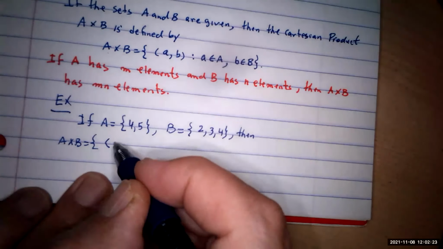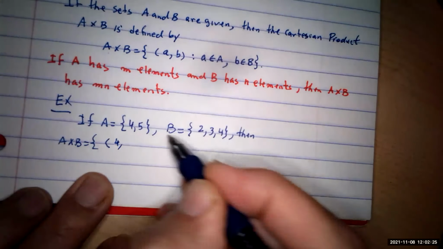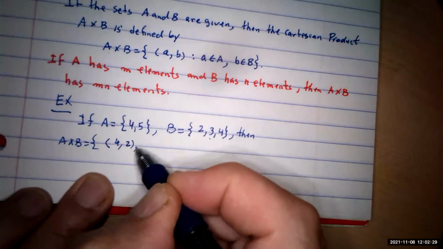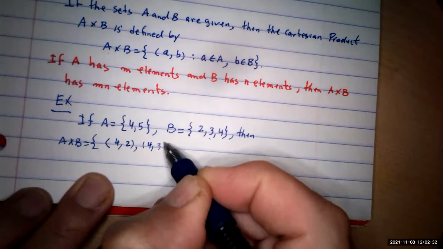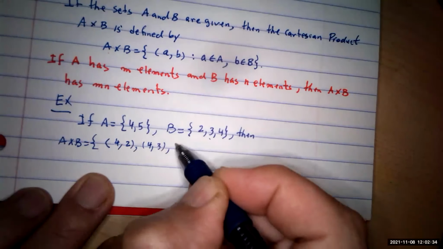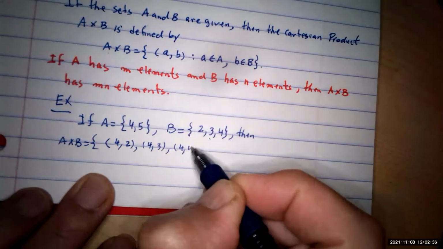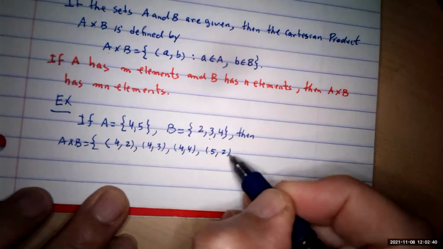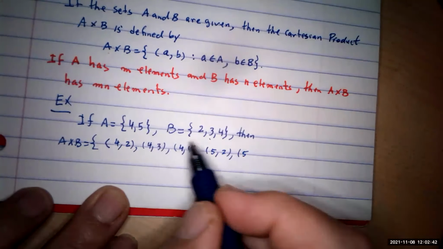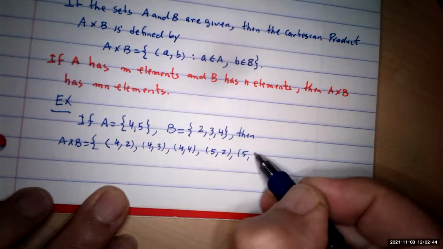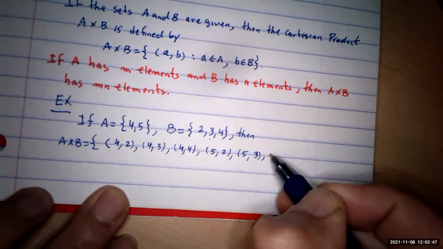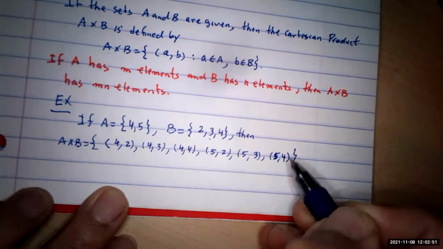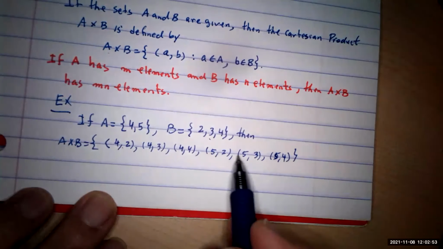So members are going to be what? It's going to be (4, 2), (4, 3), (4, 4). Then we come back, we pick the 5: (5, 2), (5, 3), and (5, 4). 1, 2, 3, 4, 5, 6.